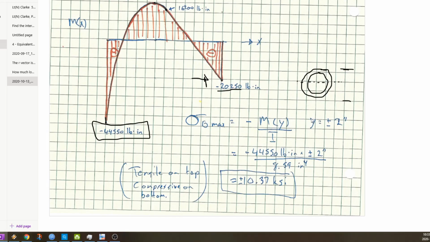So we can just plug in plus or minus 2 inches in for our y, and that'll give us the bending stress that we will see.